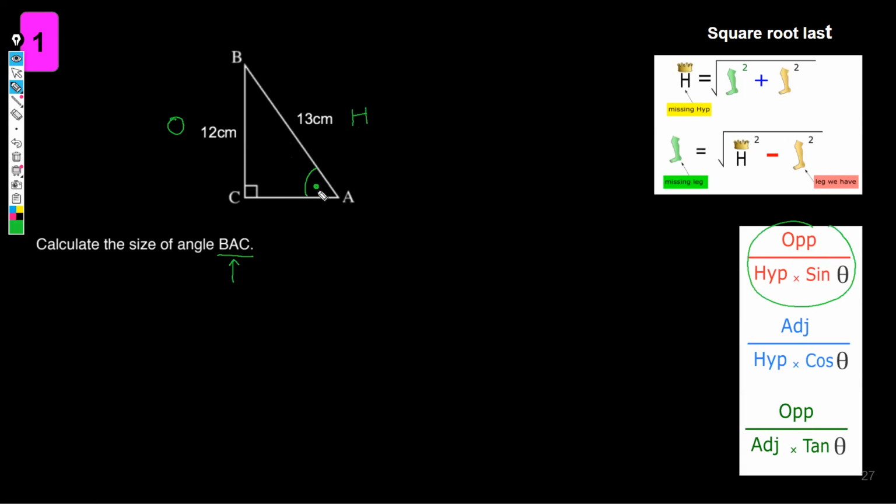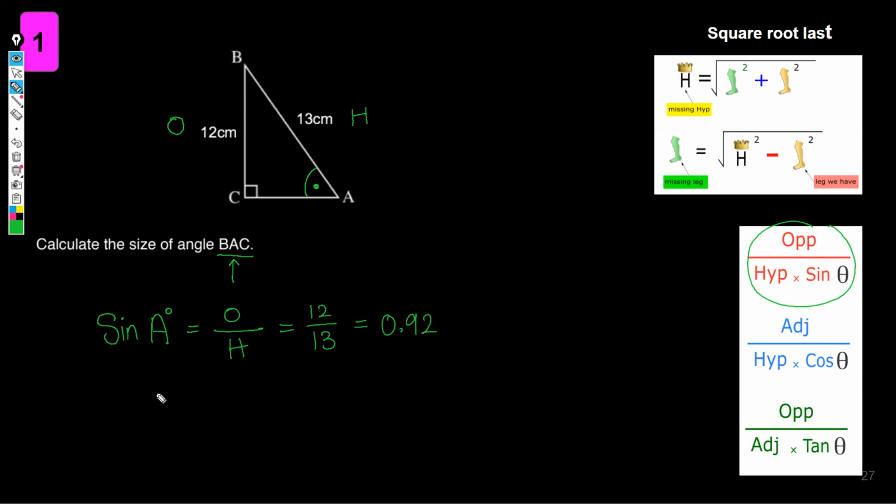So you're trying to find the angle. We put sine, and you can call it angle A if you wish, instead of theta, because it's angle A we're trying to find at the end of the day. It's opposite over hypotenuse. The opposite is 12. The hypotenuse is 13. 12 divided by 13 is 0.92 and then some decimals, but I'm going to 2 decimal places.